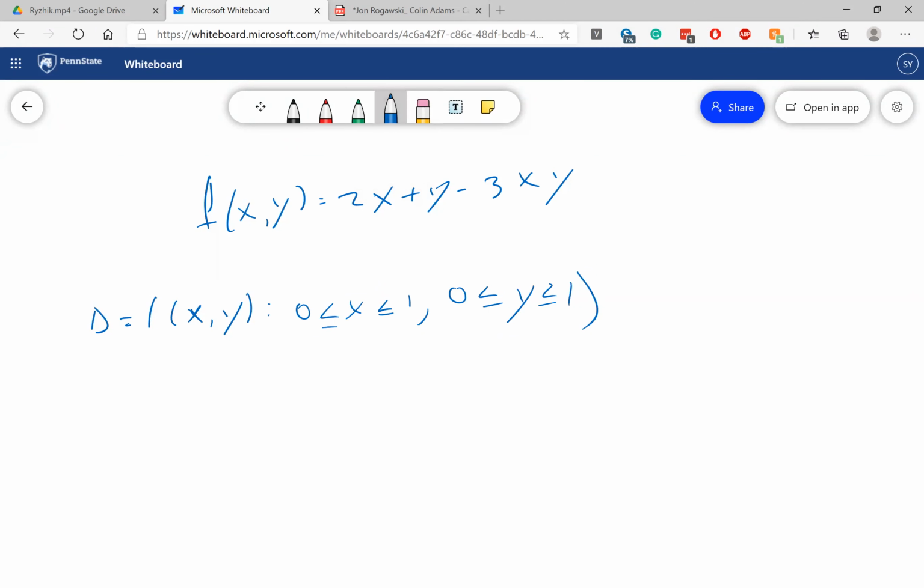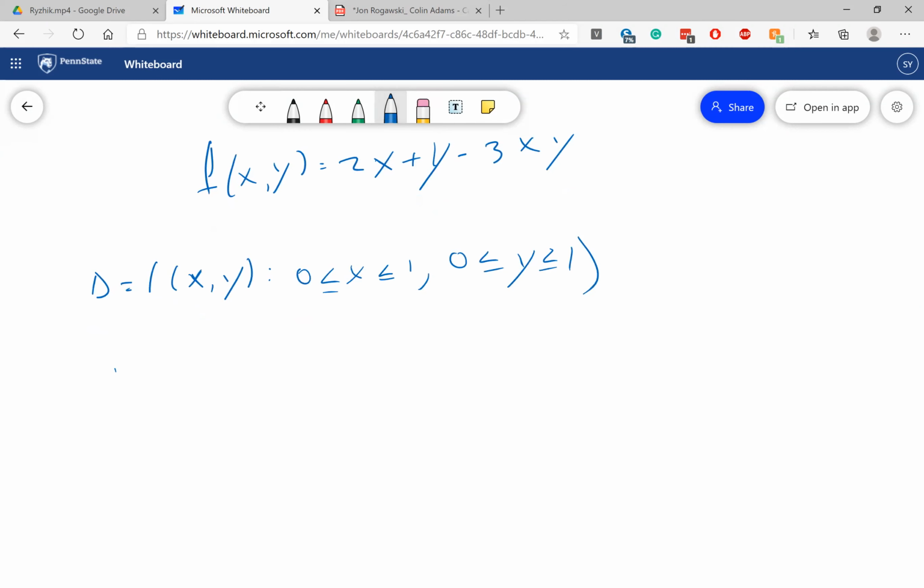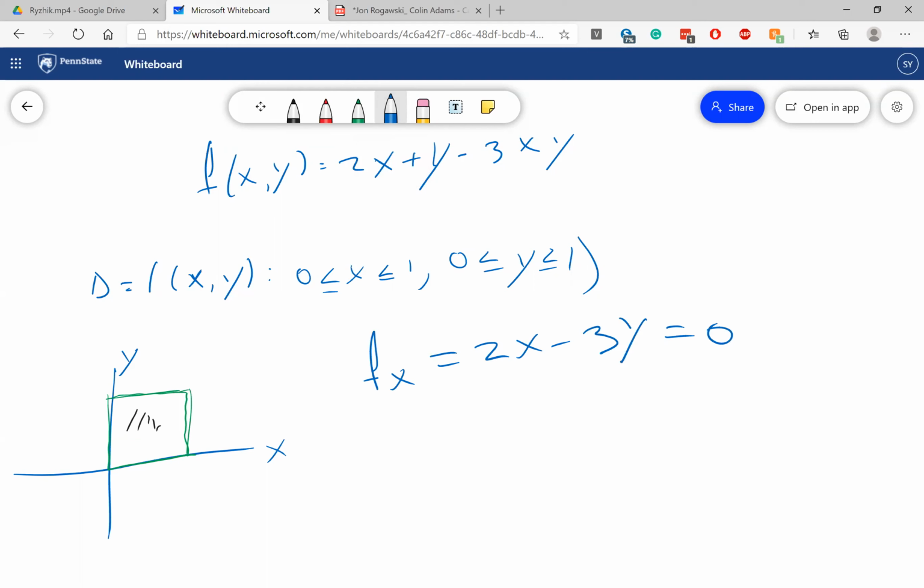So in this case, the first thing that we would want to do is make a picture of the domain. It's always useful to make a picture of the domain. So here's my x, here's my y, and this over here is my domain. First I want to find the critical points in the interior. The way to do that is by taking the partial of f with respect to x, which is going to be 2x minus 3y, and setting this equal to 0.